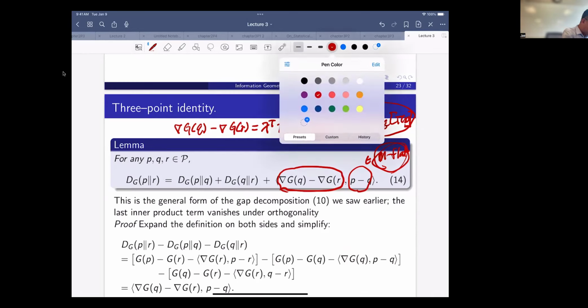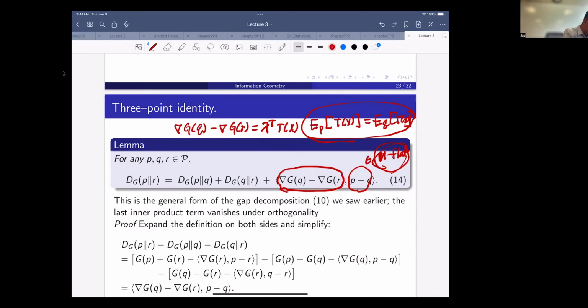Why is this so? Basically this one is kind of delta G flat in some sense.